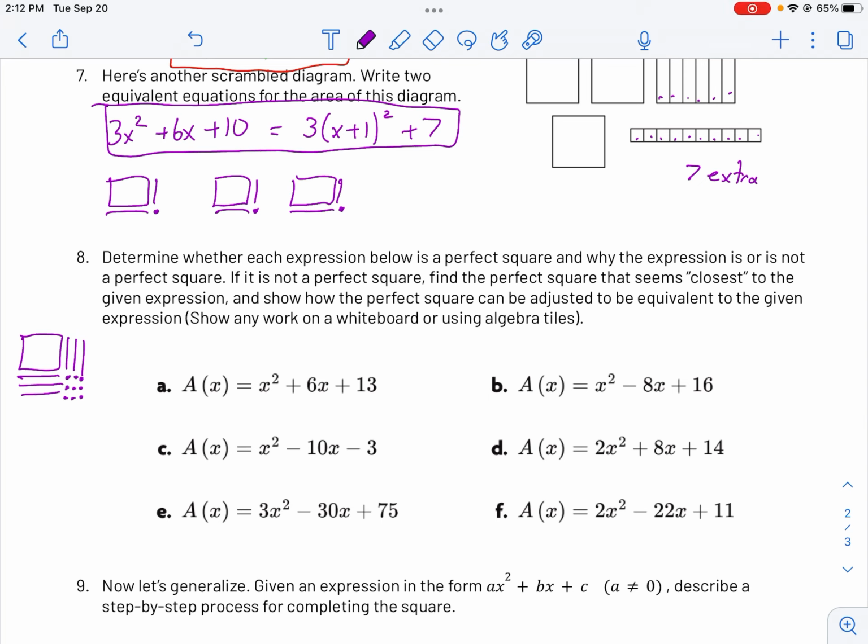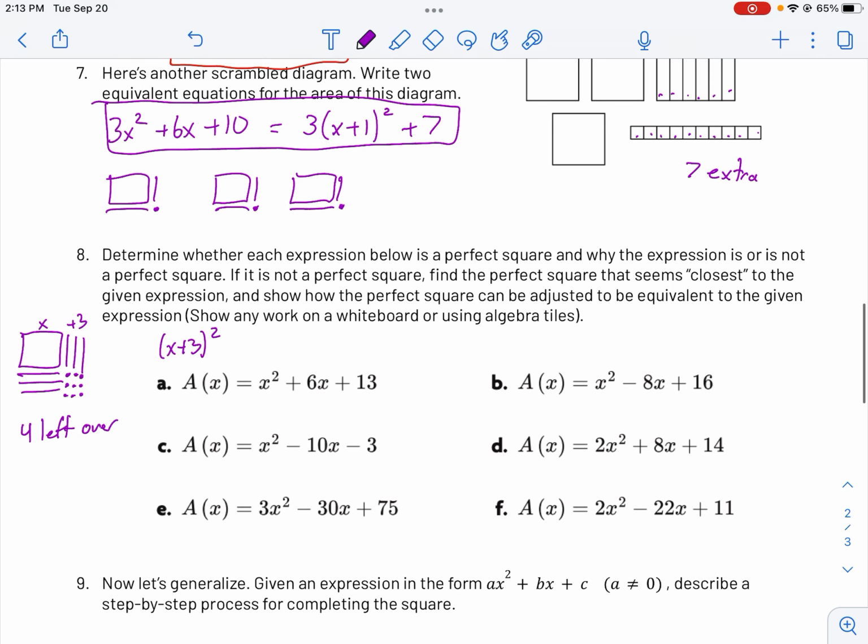So I have 4 left over. Okay, I'm 4 above what I need. So if I go to my square of binomials, my side length is x plus 3. But that doesn't capture the whole expression because I still have 4 dots left over, so I need to add plus 4 there. Okay, so that would be my equivalent expression for A.